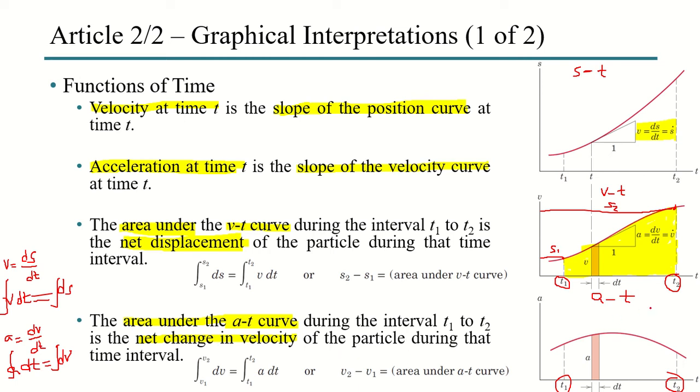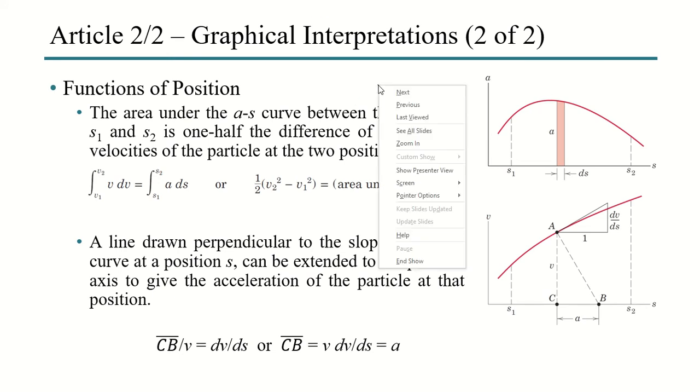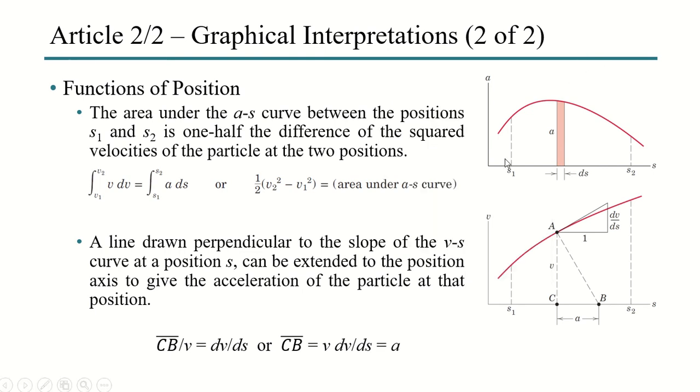You can calculate that using the a-t curve. All right. Now functions of position. The area under the a-s curve. We show again the a-t curve here. So this is our a-t curve.